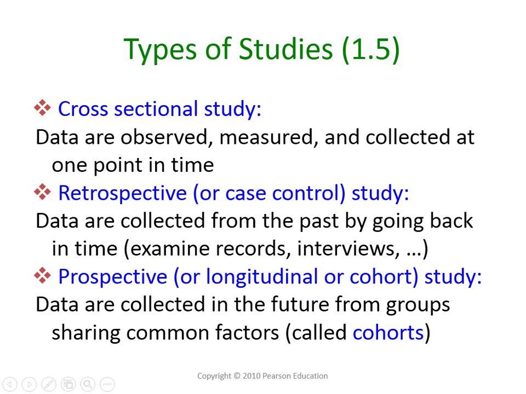Another type of study we can do is a retrospective or case control study, where data are collected from the past by going back in time. This might be examining records or doing interviews. It might be trying to determine something about cancer and going back in time.